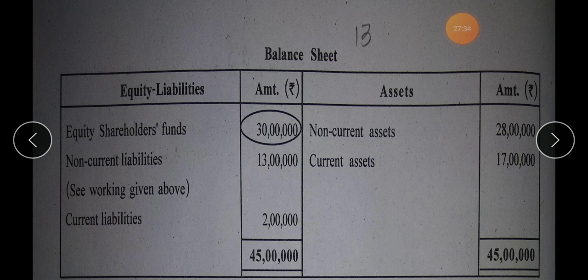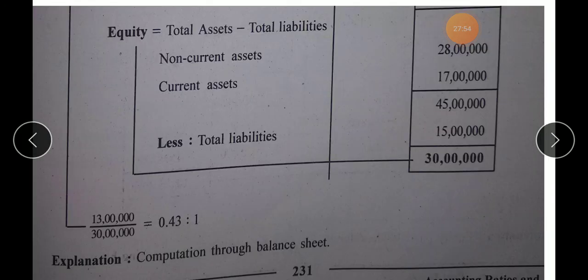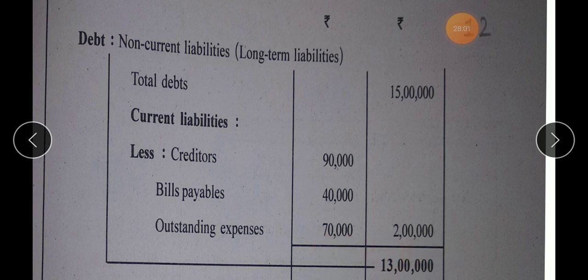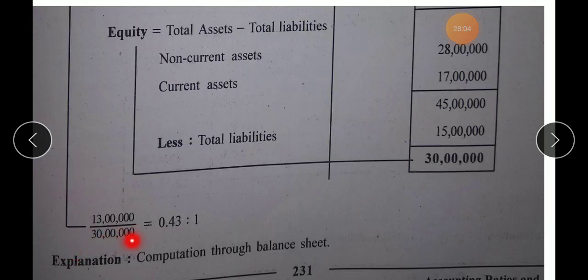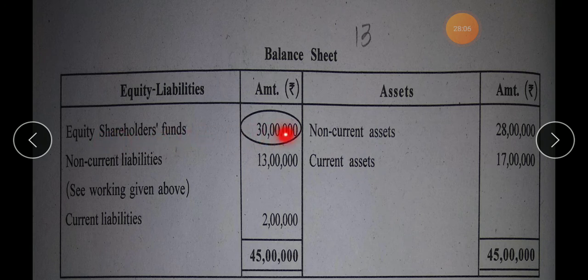Yes? So this way you just have to use your common sense whenever the question is asked in a twisted form. Everything is mentioned in the question. You just have to obtain the right answers. So you will place these figures in the formula. 13 lakh non-current liabilities that we have obtained here, 30 lakh shareholders funds that we have obtained by preparing a balance sheet.